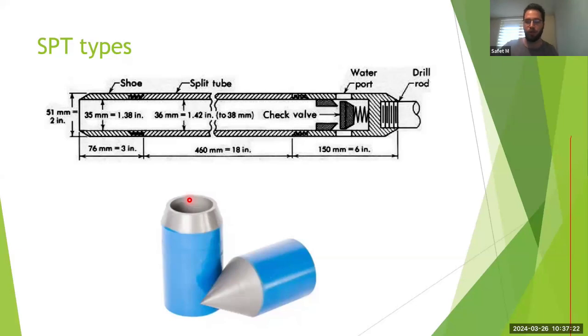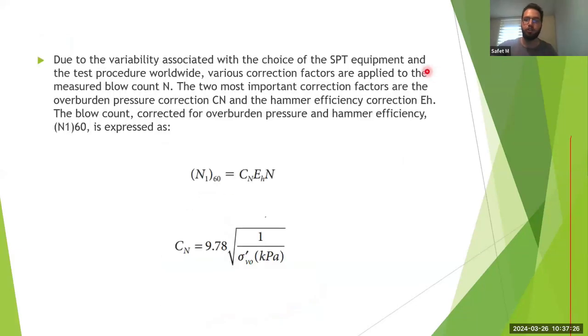So you would say that your standard penetration test result would be 35. Generally speaking, that's not the only thing that you're going to write, because of the variability associated with the choice of the SPT equipment and test procedure worldwide. Various correction factors are applied to measure blow count N, as we already spoke about.